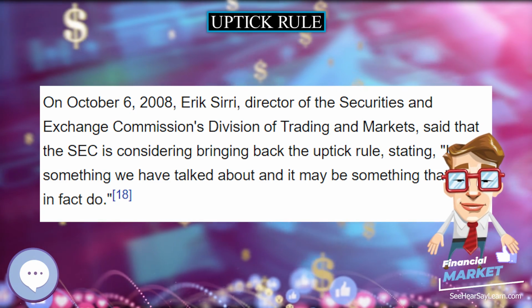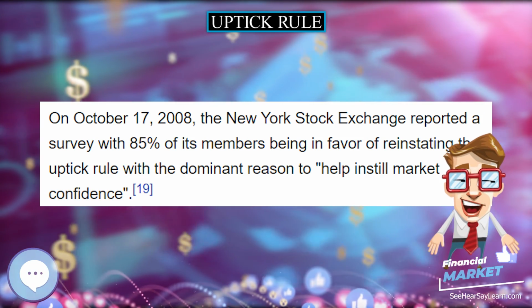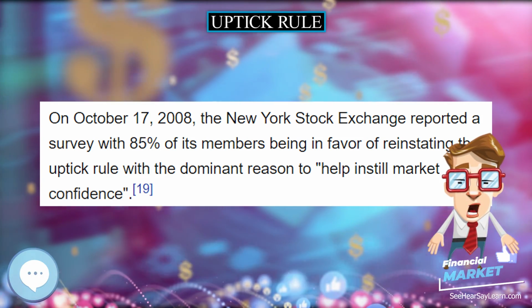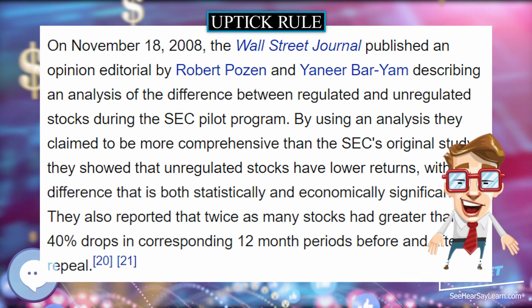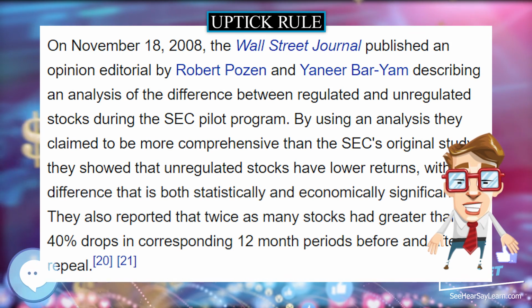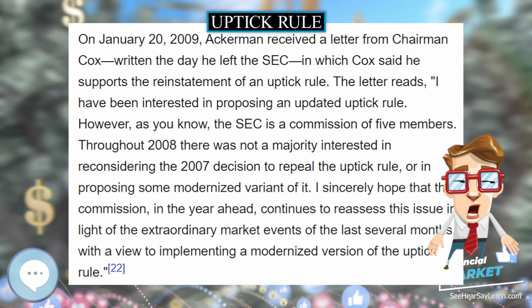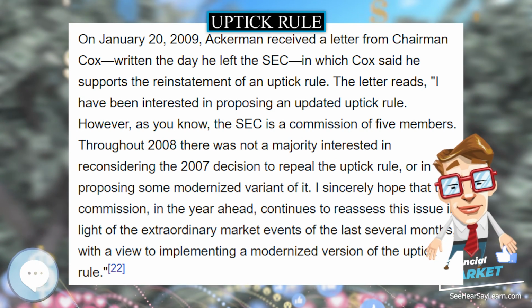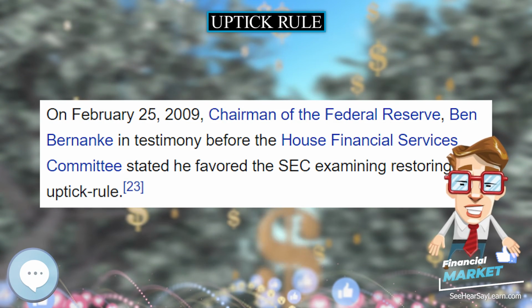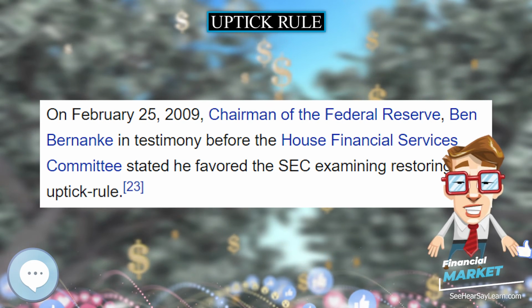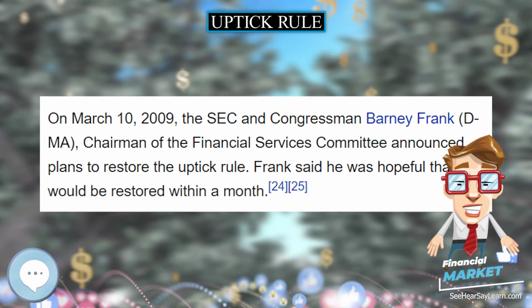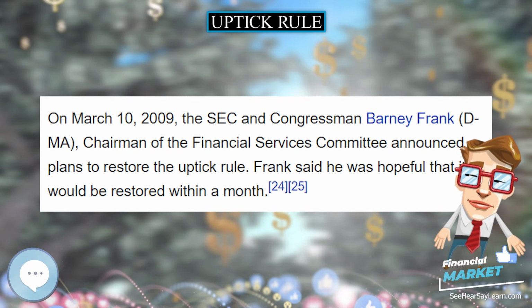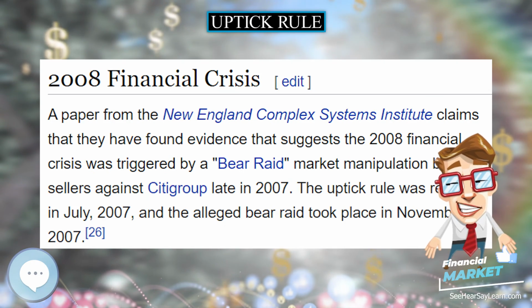Carl B. Diether, Kwan-Hui Lee, and Ingrid M. Werner stated in their study, the results suggest that the effect of the price tests on market quality can largely be attributed to the distortions in order flow created by the price tests in the first place. Therefore, we believe that the price tests can safely be permanently suspended. One empirical study found no statistically significant link between the Uptick rule and the rates of price decline.